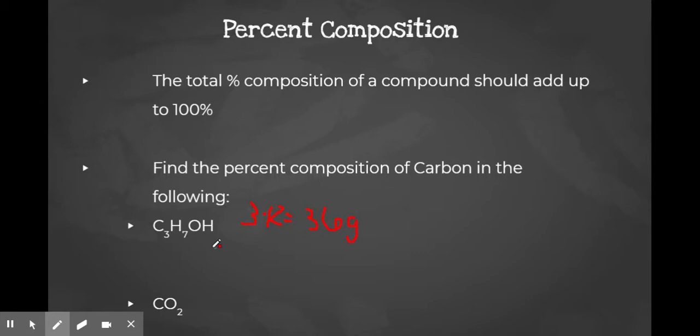The next thing we need to do is figure out the mass of the entire thing. So we have our 3 carbons, 3 times 12, we got that. Then like it says here, we add them up. We have 8 hydrogens. Mass is 1. So 8 times 1 is 8 grams. And then we have 1 oxygen.